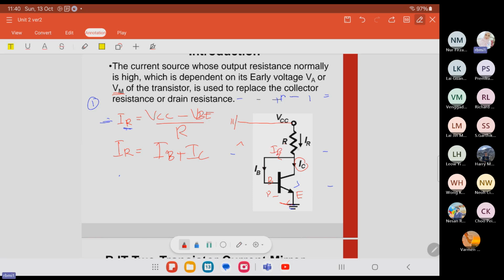So meaning that IR is equal to IB plus IC. And then we know that IC is equal to beta IB, the assumption. So we can say that IR, replace inside here.